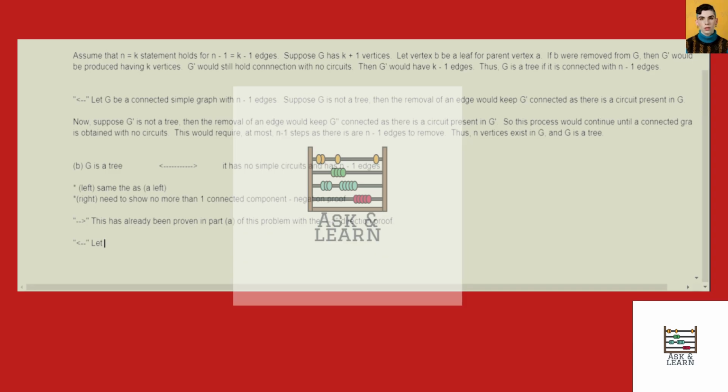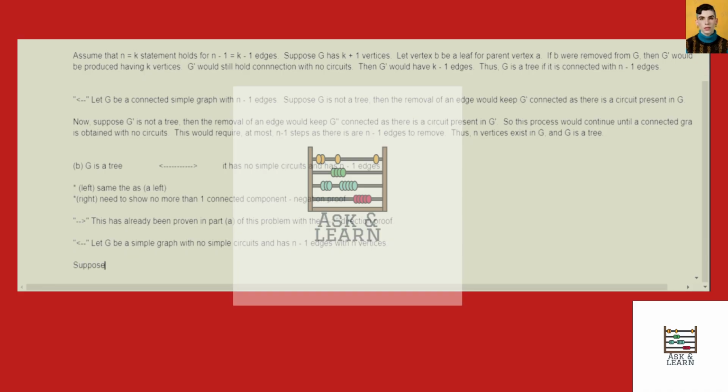And so now we can just jump into the right direction. So let G be a simple graph with no simple circuits and has n minus 1 edges with n vertices.